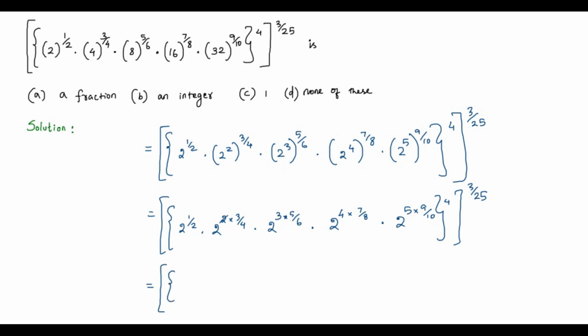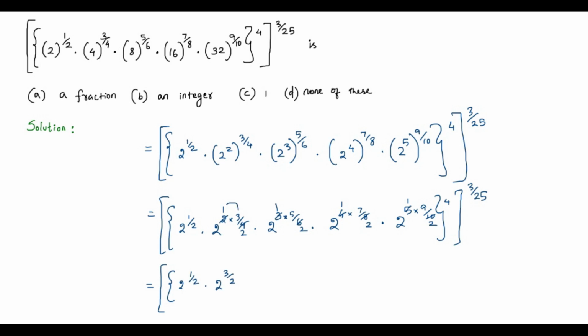Okay, here 1 times 2 is 2, 2 times 2 is 4, 1 times 3 is 3, 2 times 3 is 6, 1 times 4 is 4, and 2 times 4 is 8, 1 times 5 is 5, 2 times 5 is 10. So we get 2 to the power of 1 by 2 times 2 to the power of 3 by 2.